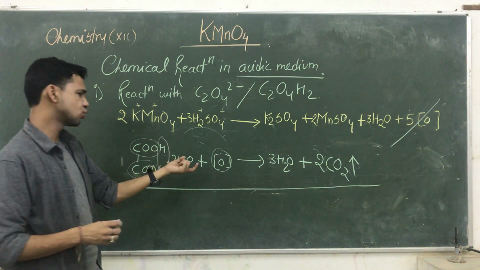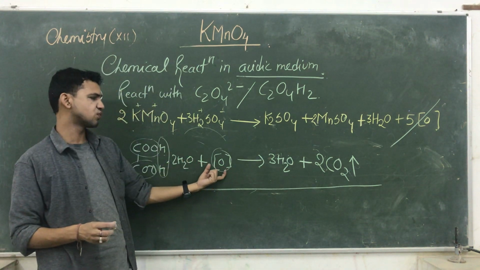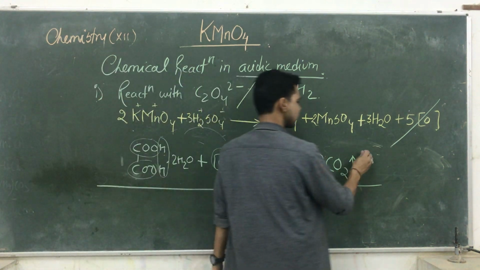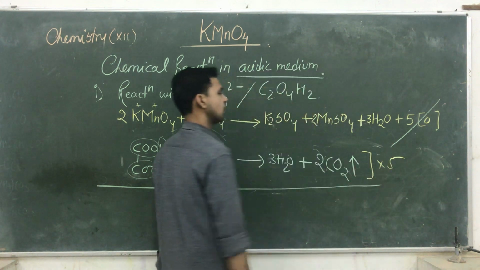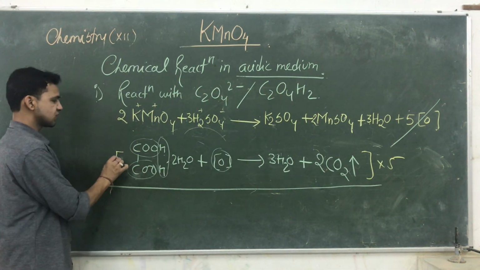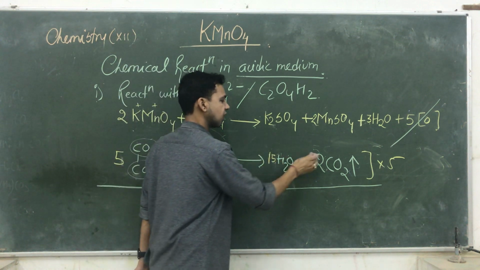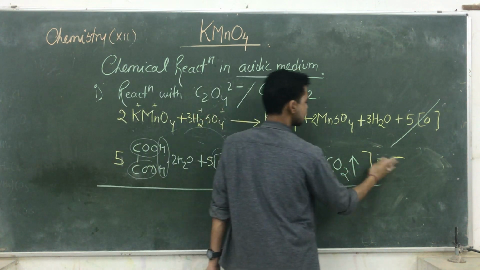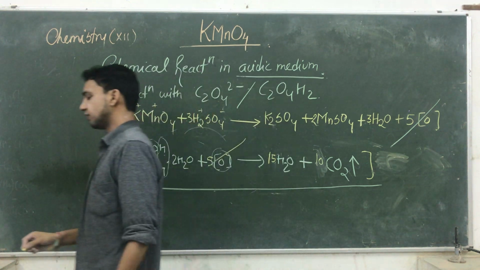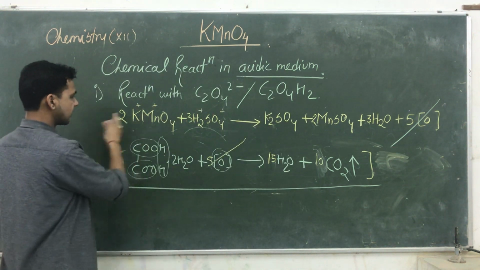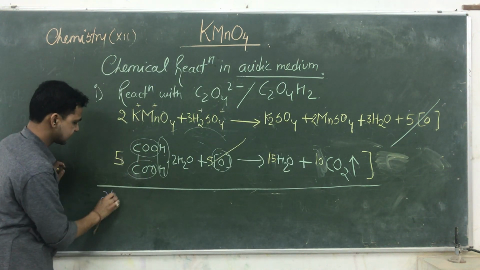But guys, same as we balanced the oxygens, that is one oxygen, here are 5 oxygens, so we need to multiply the whole equation by 5. So that is 5, that is 5 to the 15 and 5 to the 10 CO2. Just remove this 5. So 5 nascent and 5 nascent cancel. From the right hand side we are writing twice KMnO4.